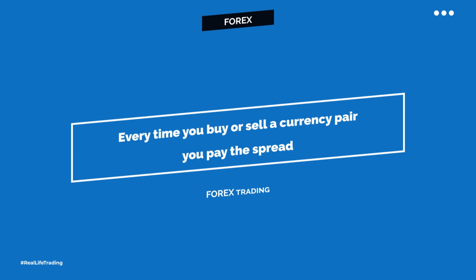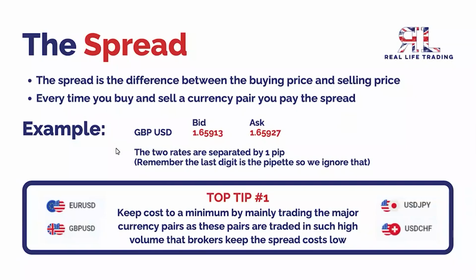So in the example here, we have two separate rates, which is the bid price and the ask price. Now, we're sticking with the example that we've been using in the previous slides, so we're staying with GBP USD. If you remember rightly, GBP is our base currency and US dollar is our quote currency.